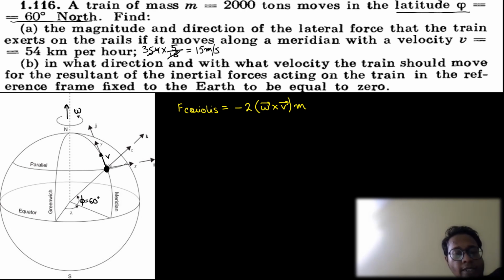See out here, if omega is this line, what is the angle between omega and V? The angle between omega and V will be this much angle. Now how much is this angle?